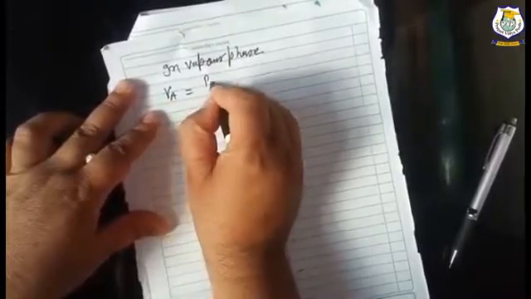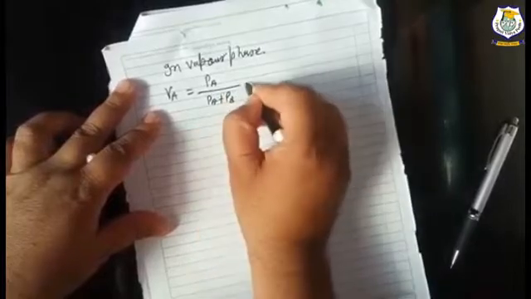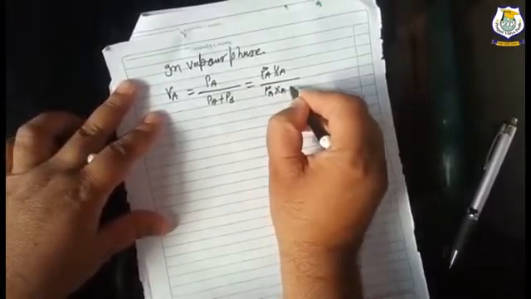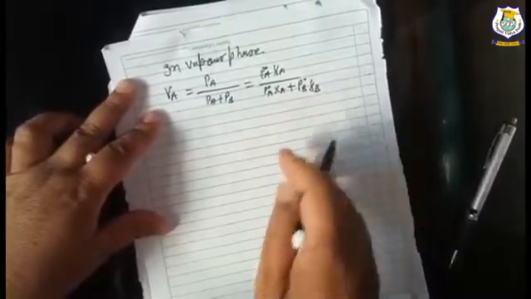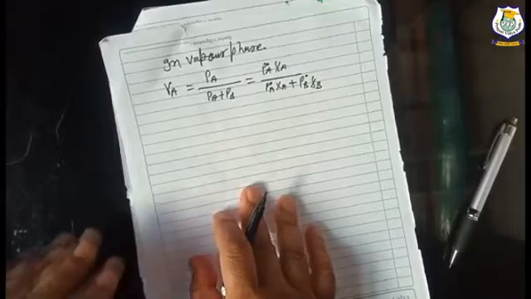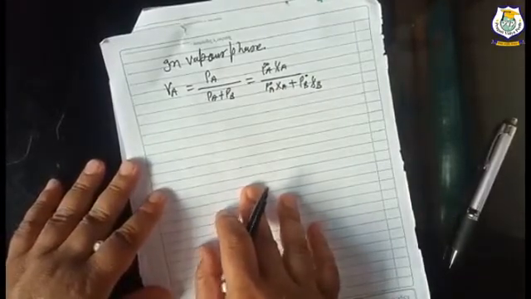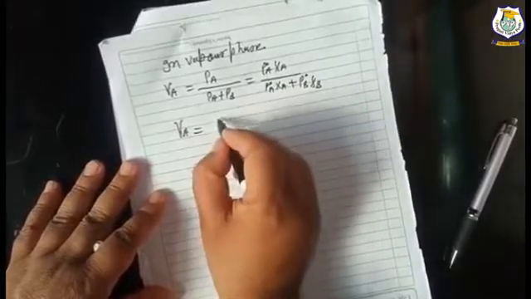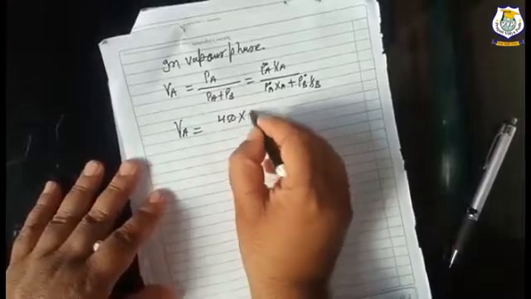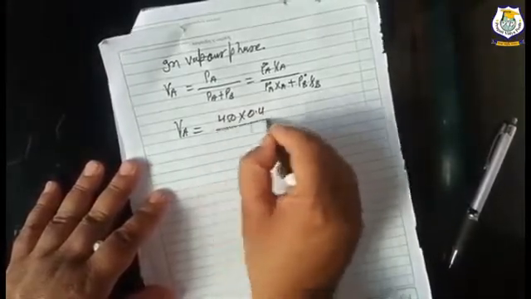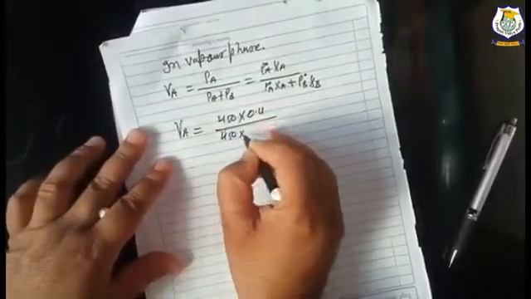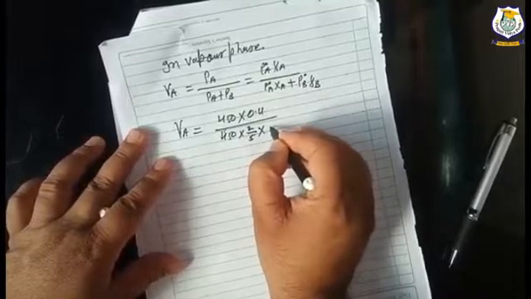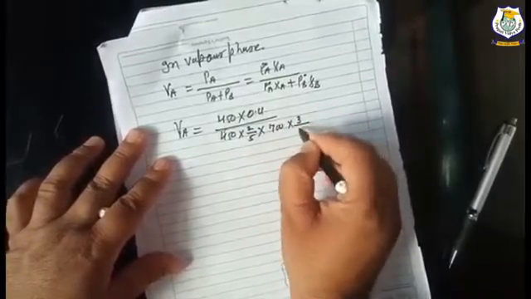In the vapor phase, YA equals PA upon PA plus PB, which is P naught A chi A upon P naught A chi A plus P naught B chi B. Putting in the values, YA equals 450 into 0.4, that is 450 into 2 upon 5, upon 450 into 2 upon 5 plus 700 into 3 upon 5.